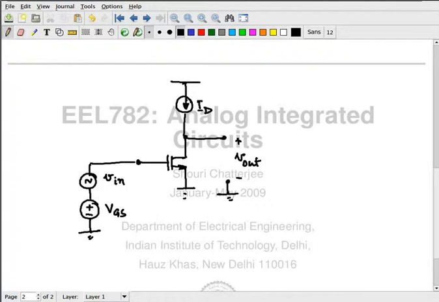When you null a current source, you make the current source 0 amperes, which means you throw it out and make it an open circuit. So you null the current source and you null the voltage source, and you replace the MOSFET with its small signal equivalent circuit, and the simplest small signal equivalent circuit is like this.